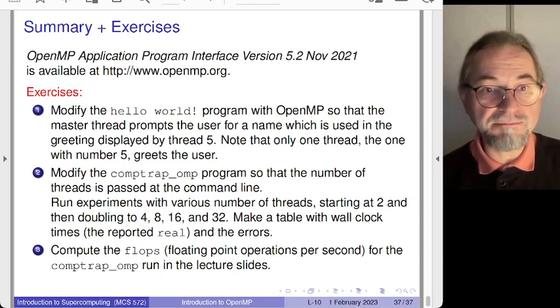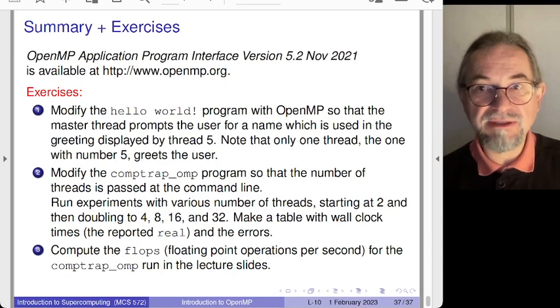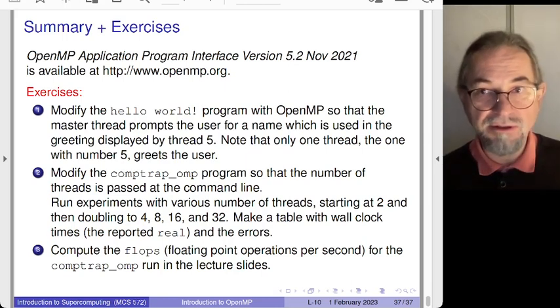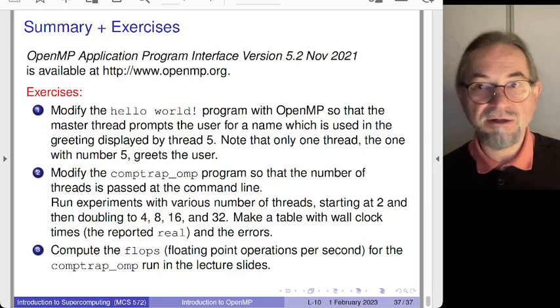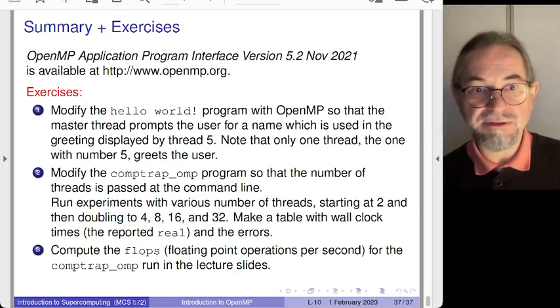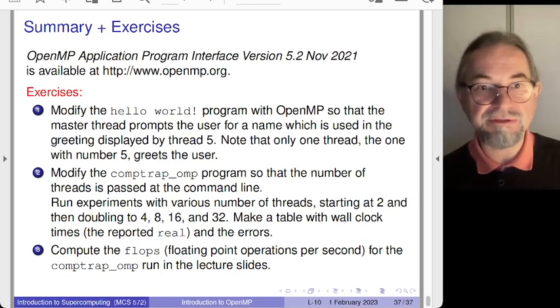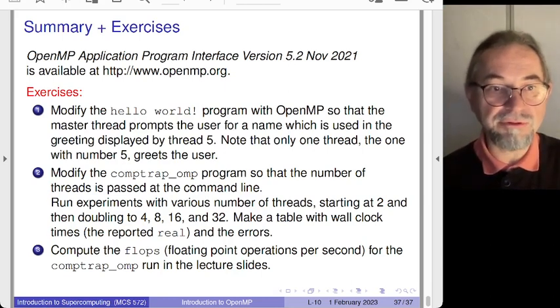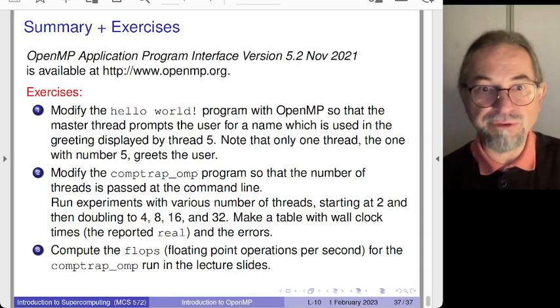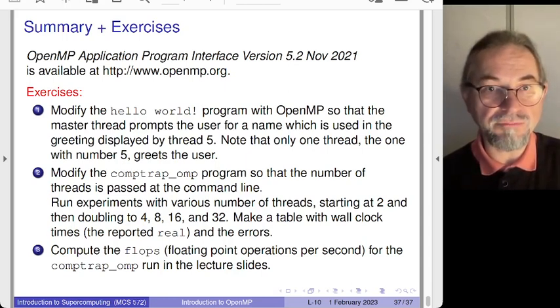Also here, the 1 million may need to be increased. You can also make an effort to measure the performance: how much performance do you get out of your processor if you count the number of floating point instructions that are done by the composite trapezoidal rule.